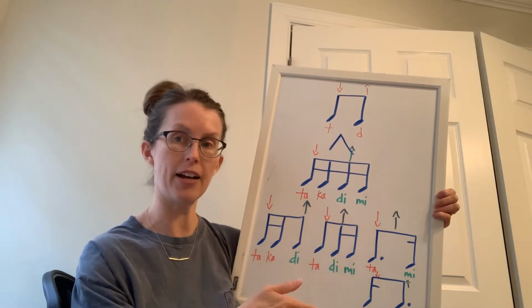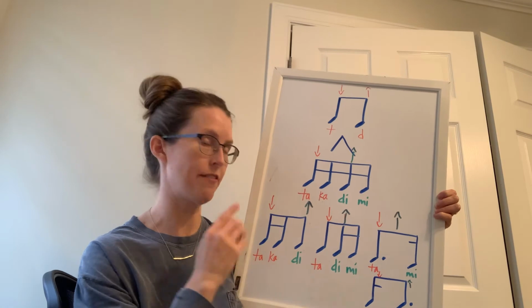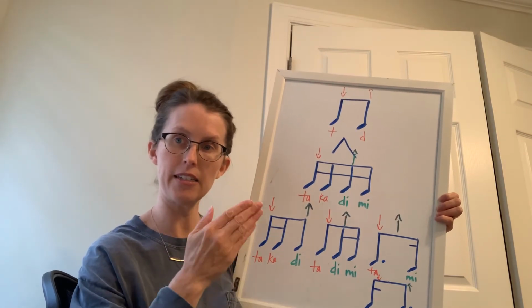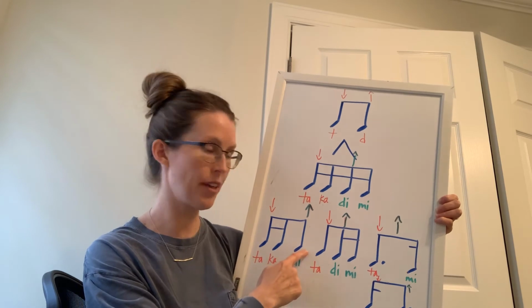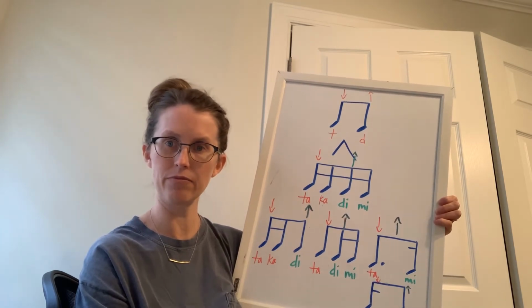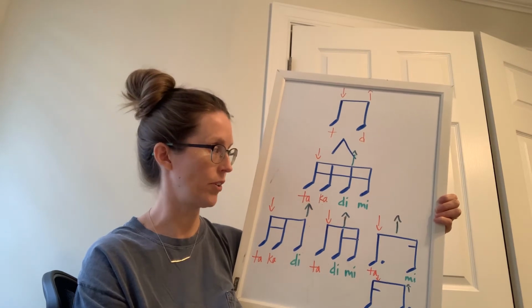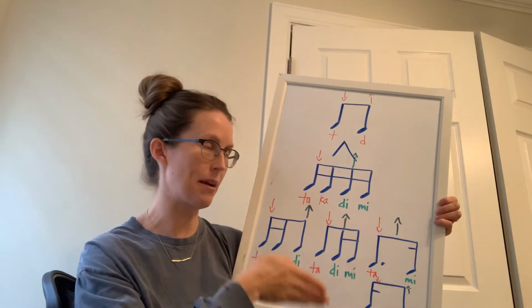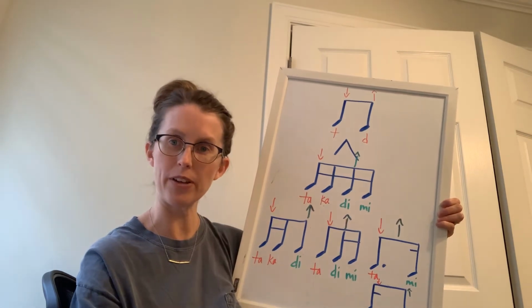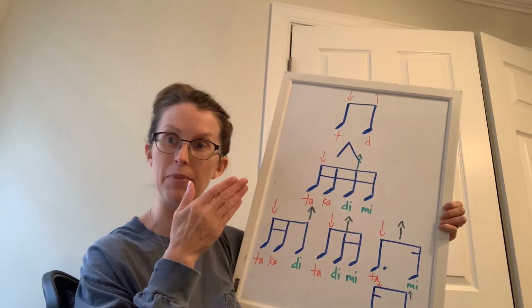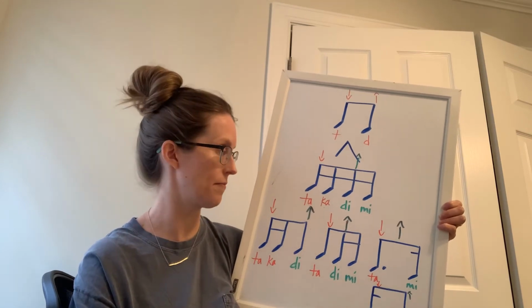So instead of ta-ka-di-mi, I'm now going to have ta-ka-di, ta-ka-di, ta-ka-di. The mi is still there, but it's combined with that di eighth note. So again, ta-ka, and then I'm making my next sound on di, the upbeat, so I'm going to say di there. Ta-ka-di, ta-ka-di. The mi is just within that.